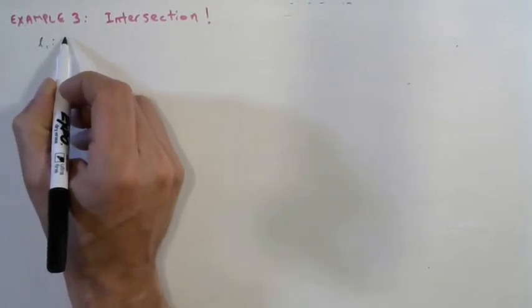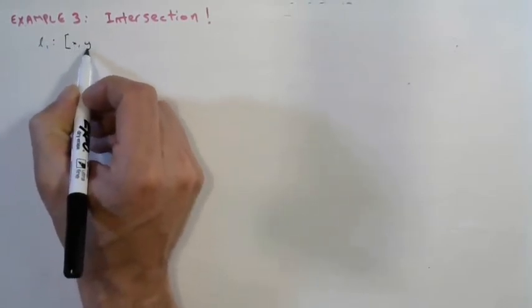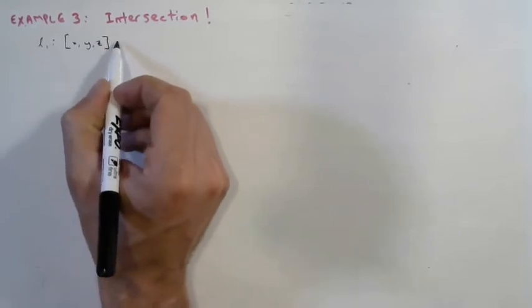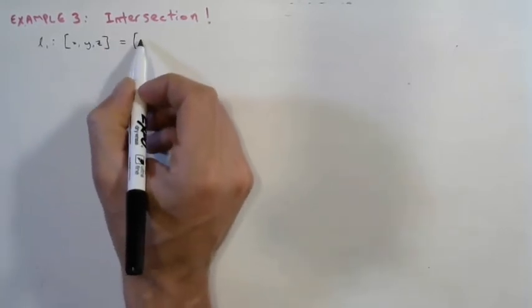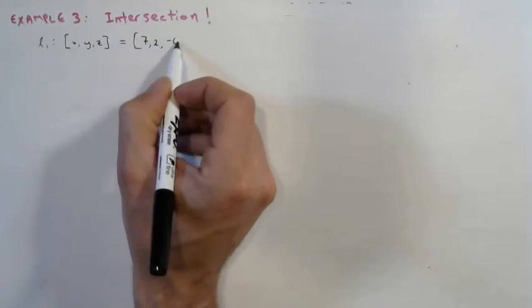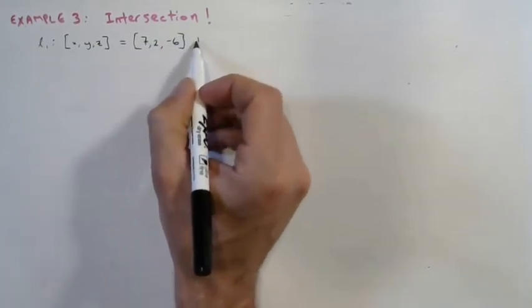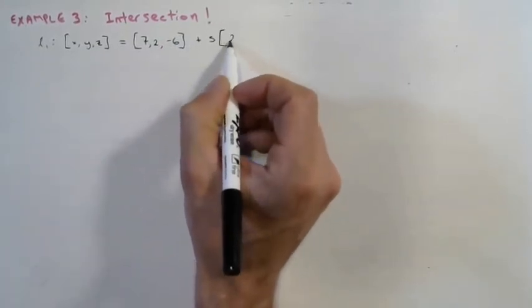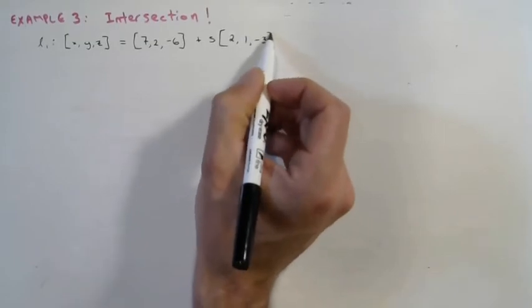So we've got L1, which is (x, y, z) equals (7, 2, negative 6) plus s times (2, 1, negative 3).